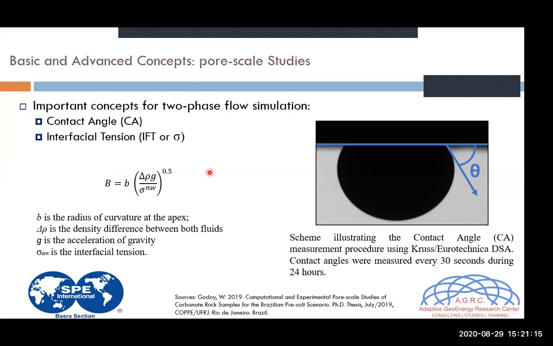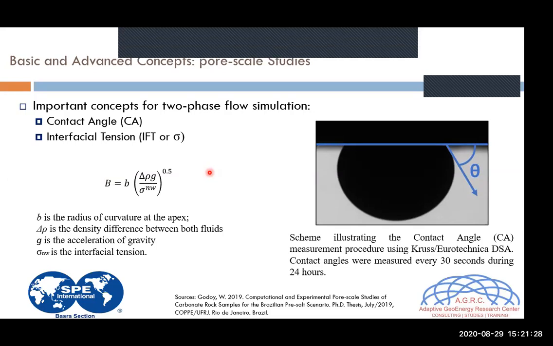You have to perform several steps in order to get reliable data. But it's just to mention that you can measure this. It's important to keep in mind, you can measure this in the lab.